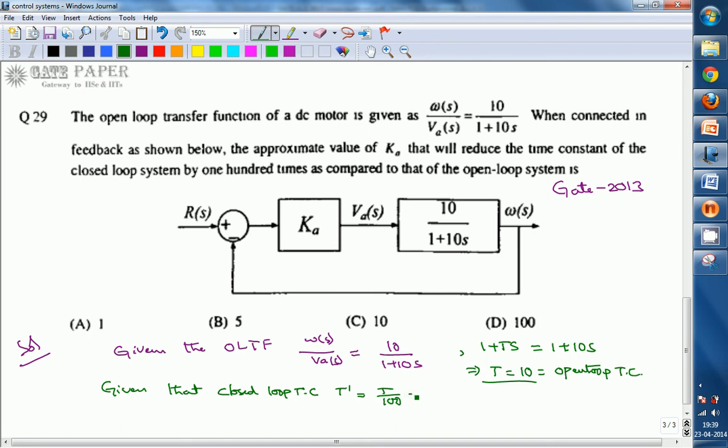We already calculated the T value, that is 10 by 100, which is 1 by 10. This is the closed loop time constant. Then we need to find the Ka to produce this time constant of 1 by 10.